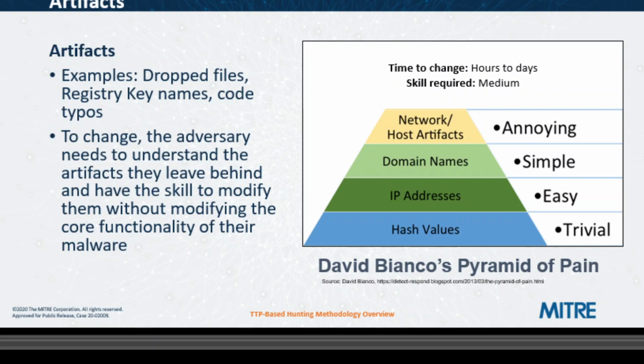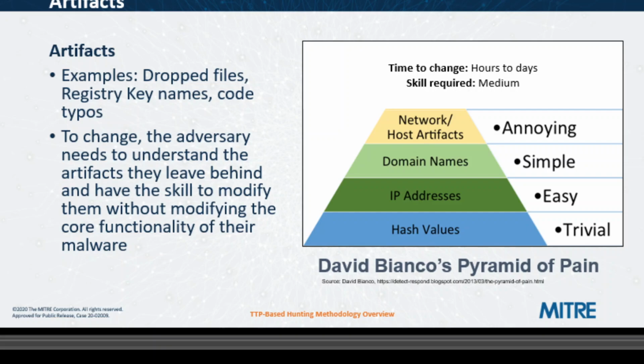As we move into the top half of the pyramid, we get to the level of network and host artifacts. So these are things like the files that are saved to disk during a malware operation, or the names of registry keys that are used by malware, typos in the code, or in headers of network traffic.